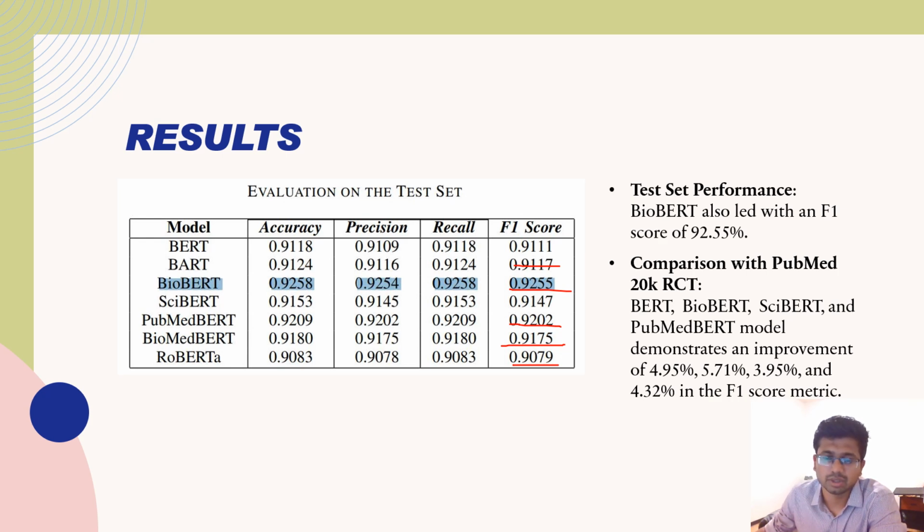The good-performing models in this table are the ones which are pre-trained over biomedical datasets. This finding underscores the significance of domain-specific pre-trained language models in enhancing model performance for specialized text classification tasks, and thus emphasizes the importance of leveraging domain knowledge in natural language processing model development.